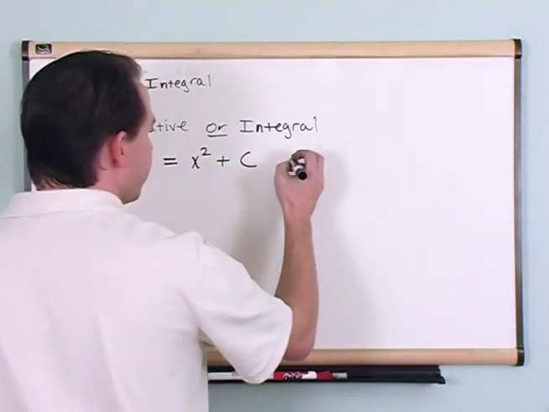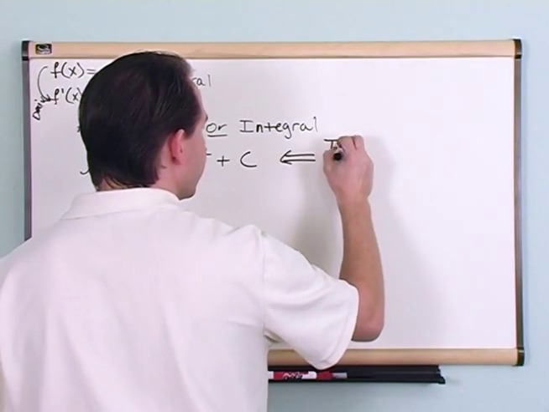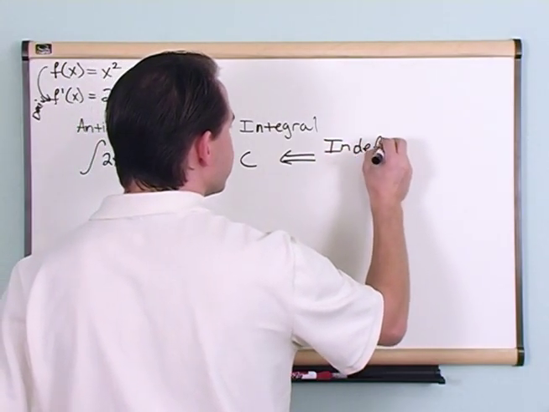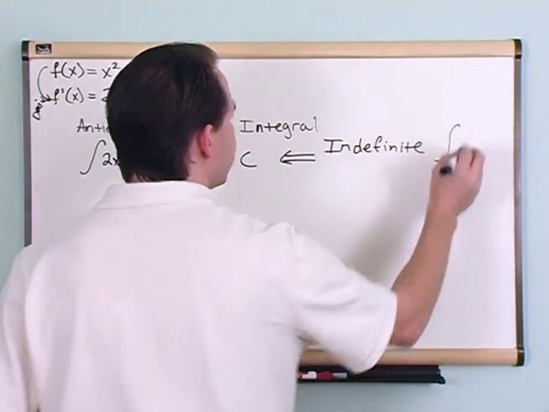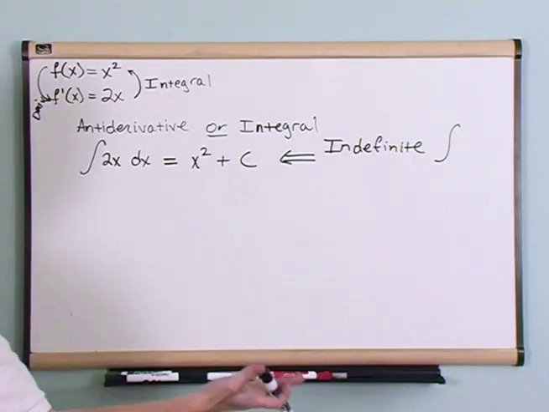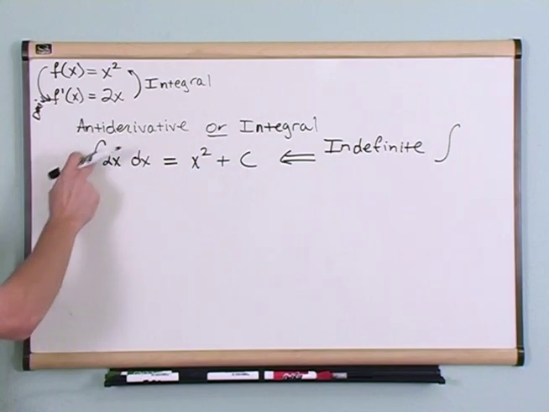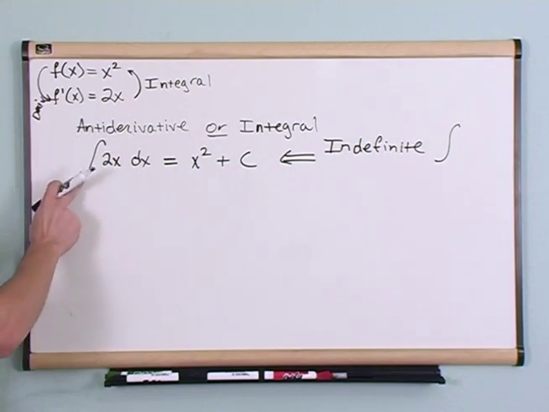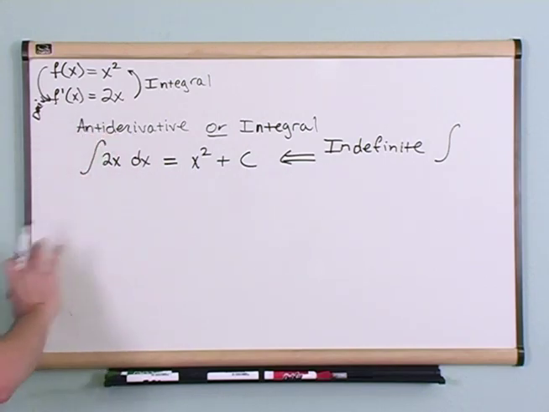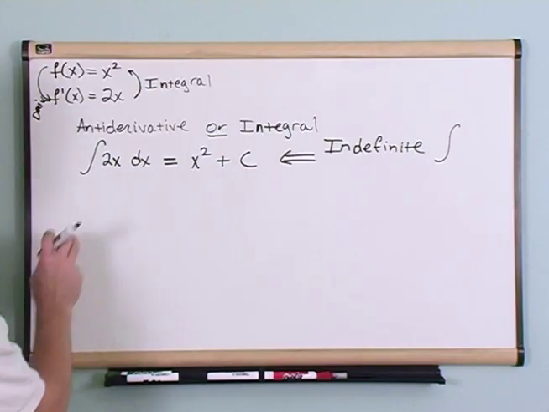Now, I want to make sure that you're aware that this kind of integral is called an indefinite integral. It's an indefinite integral, and the reason is later on I'm going to show you what a definite integral is. But in this integral symbol here, if there are no numbers up here on the top and on the bottom, and you will see some here shortly when there are some numbers up here, there's no definite bounds of the integration.